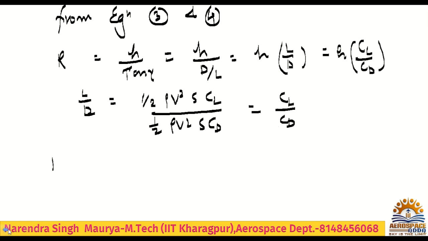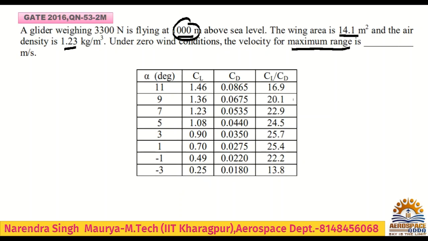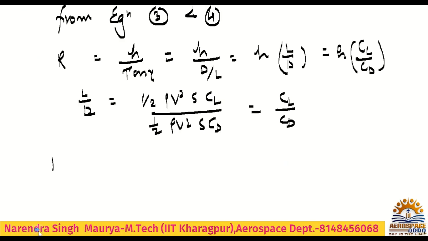They are asking what is the velocity for maximum range. You need to calculate it. First check the maximum range condition, and for that condition you have to calculate the velocity. Here R max will be H into CL by CD max.